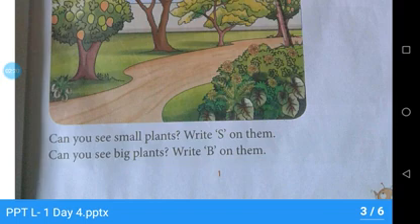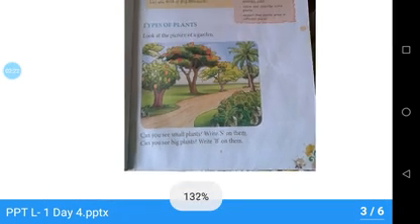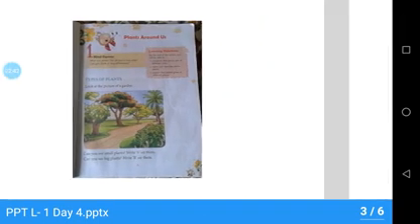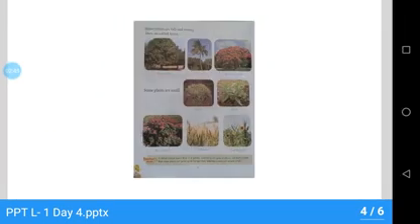Now children, when you get your books, you are going to do this. I know today you do not have your books. But when you get your books, at that time you will write S on small plants and B on big plants with pencil. Okay. Now let us go to the next page.